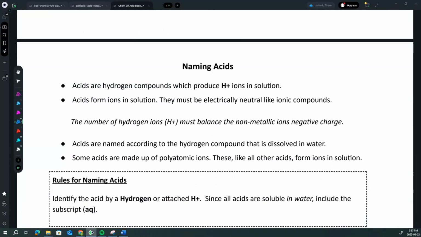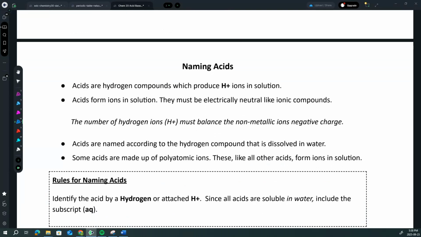Now, for naming acids, like we said, acids are hydrogen compounds that produce H plus ions in solution if we are talking about the original Arrhenius definition of an acid, which we will talk a little bit more about in a future lesson. Okay, so acids form ions in solution. So what that means is that they're going to ionize in solution.